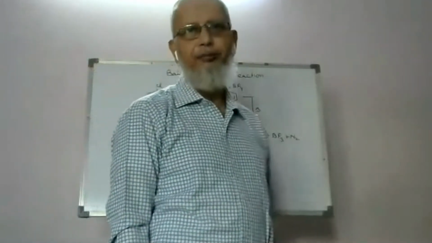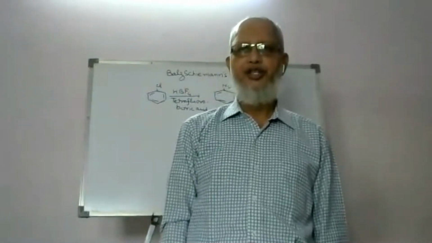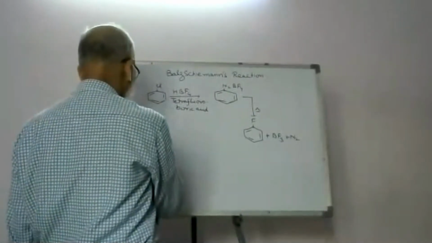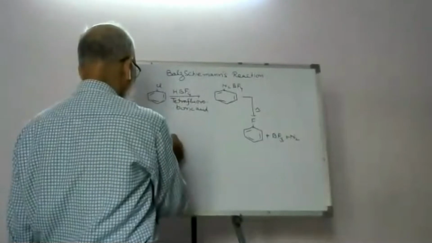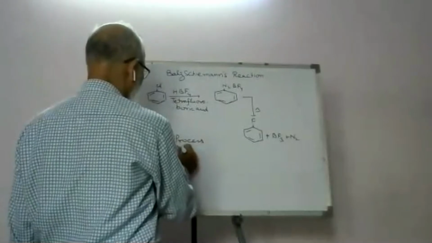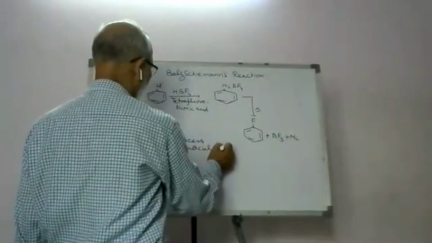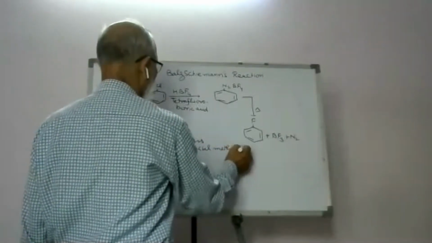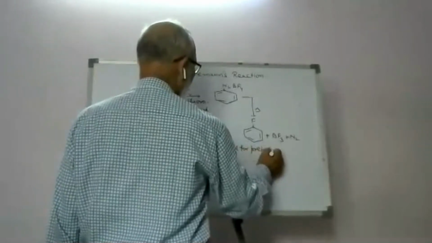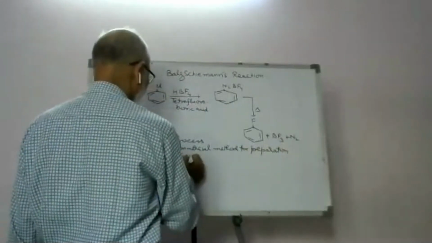Now this chlorobenzene on commercial basis can be prepared by Raschig process also. So let us see what is Raschig process. This is a commercial method for preparation of chlorobenzene.